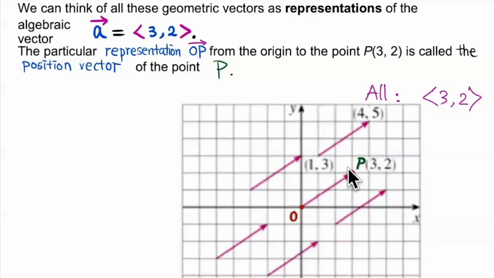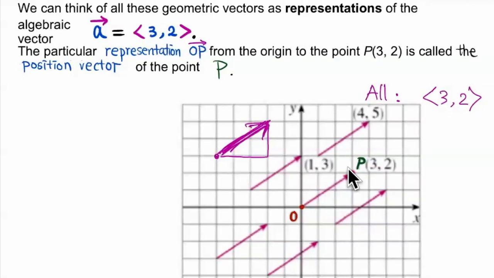Which also means many more lines can still represent them. Yeah, there are many more. Those are just a few examples. There are infinitely many representations of this same vector. You can put it over here, start from this point, go 3 units to the right and 2 units up, and you will get this. This is also another representation of this vector.